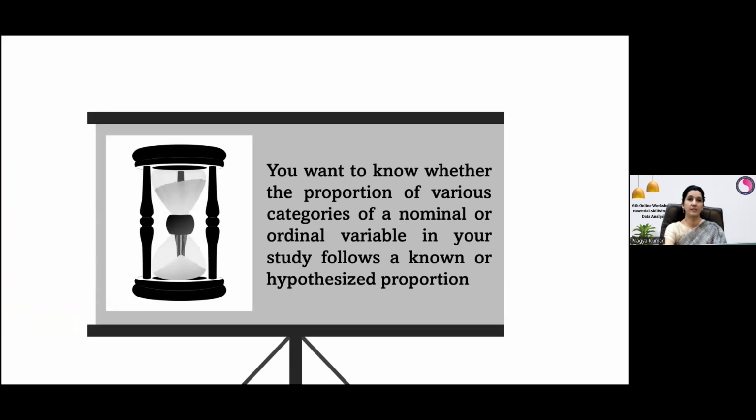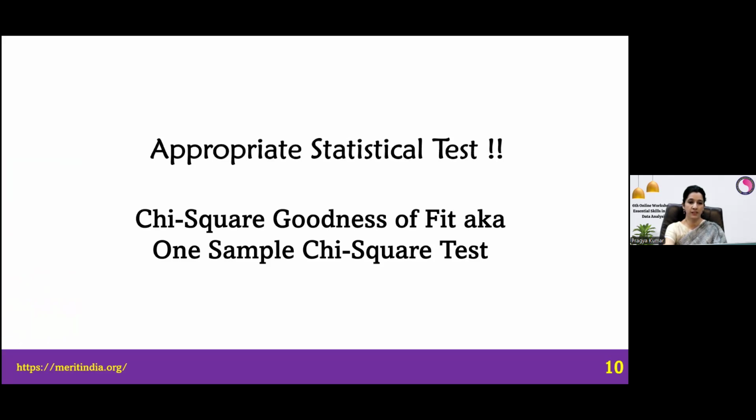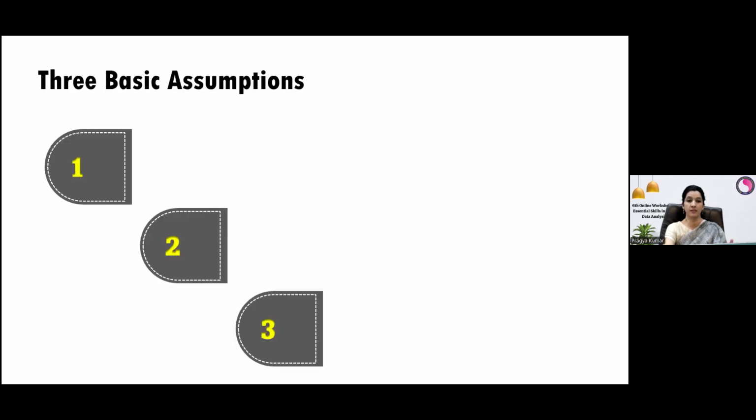In all these examples, there are various categories of a nominal variable, and we want to compare against a known or hypothesized proportion. So chi-square goodness of fit is the appropriate test, also known as the one sample chi-square test, because you only need one variable, that is the proportion.